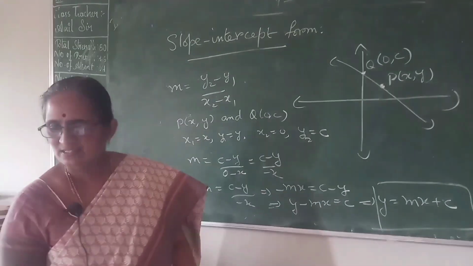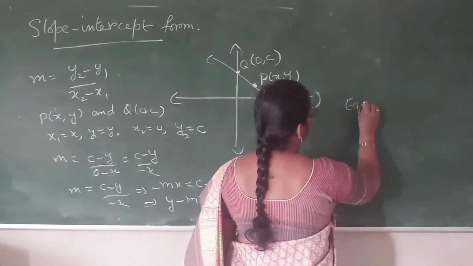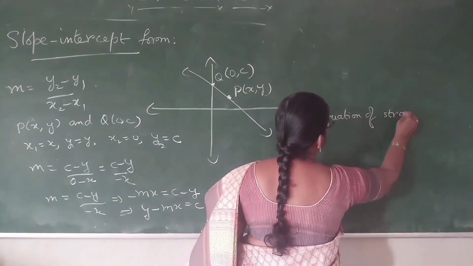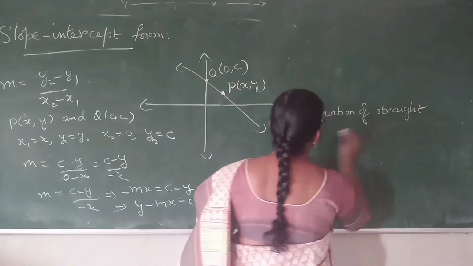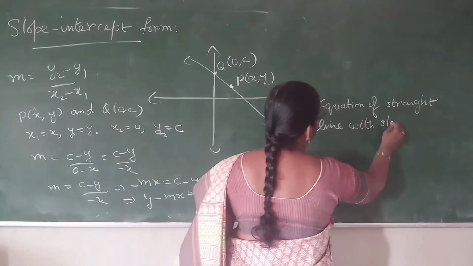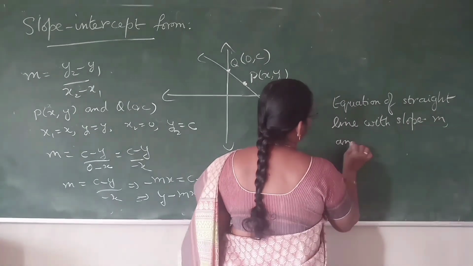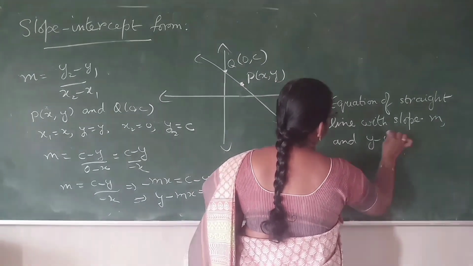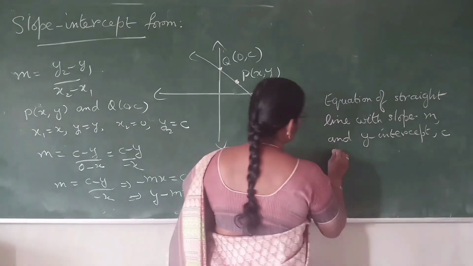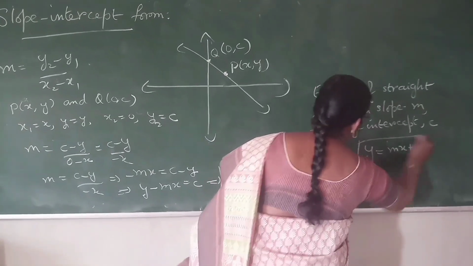So, what you can write is: equation of a straight line with slope m and y-intercept c is y equal to mx plus c.